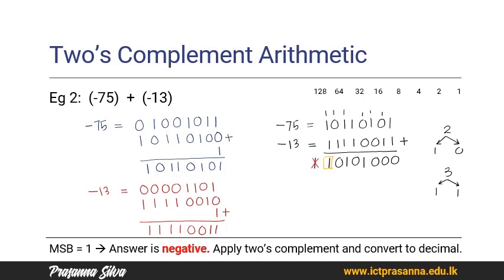So if we do apply the 2's complement, first thing is we need to invert all the bits. So 1 becomes a 0, 0 becomes a 1.